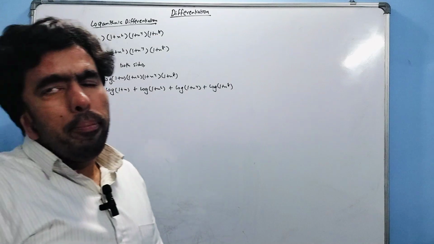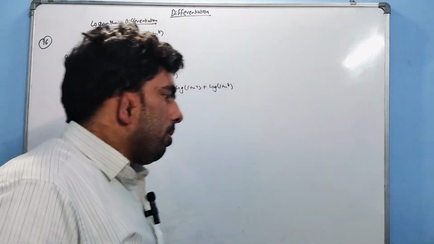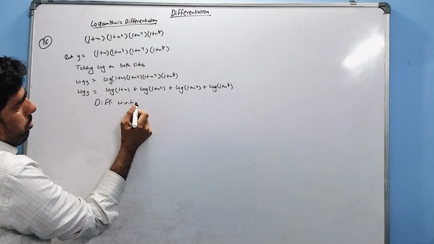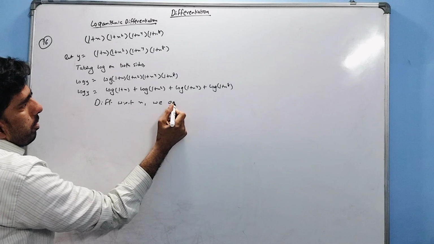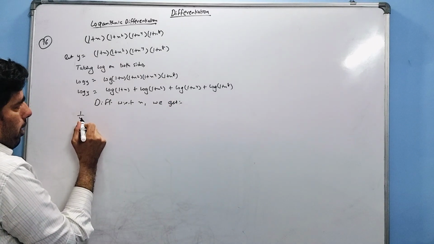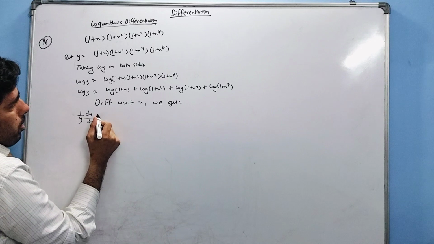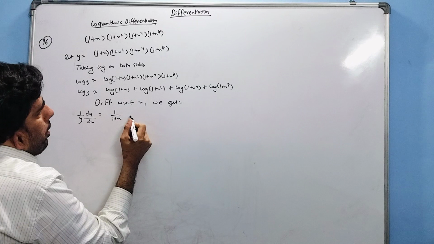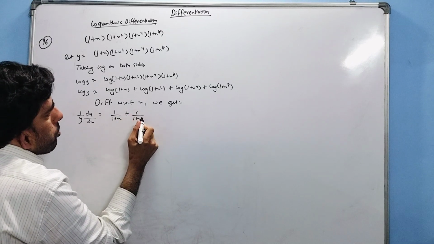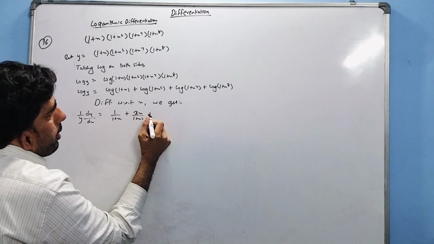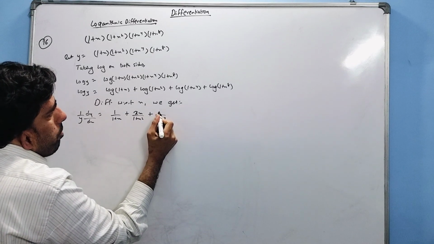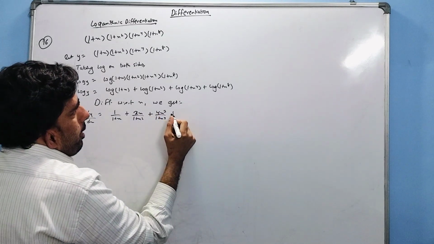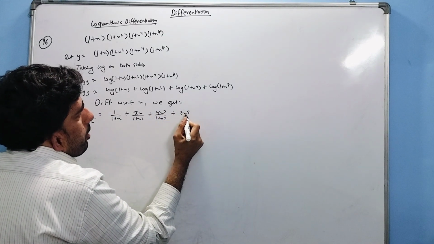I will differentiate it. Okay, so let's try differentiating with respect to x. We get that is 1 upon y dy upon dx will be 1 upon 1 plus x plus 1 upon 1 plus x square, we have 2x plus we have 1 plus x4, we have 4x cube plus I have 8x7 upon 1 plus x8.